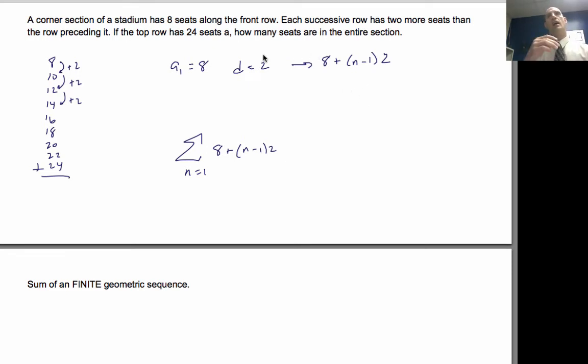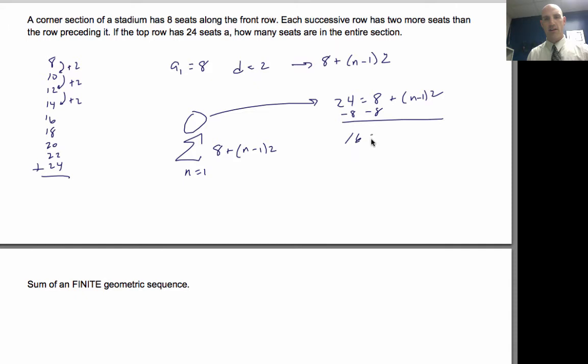Let's say I wasn't able to just draw this out and see the number of rows. I can always say my top row is equal to 8 plus n minus 1 times 2. When I solve this equation, I've got minus 8, so 16 equals n minus 1 times 2. Divide by 2. So 8 equals n minus 1.